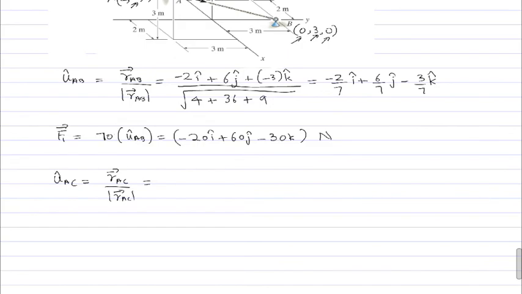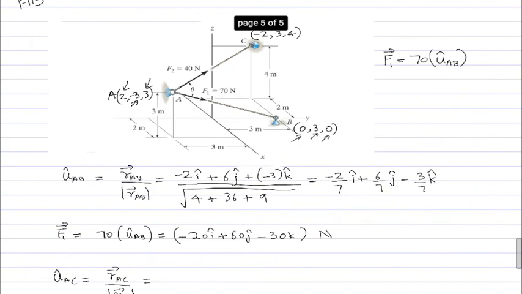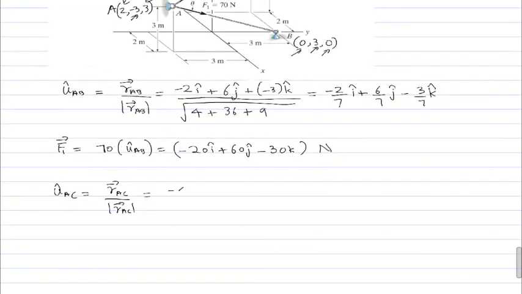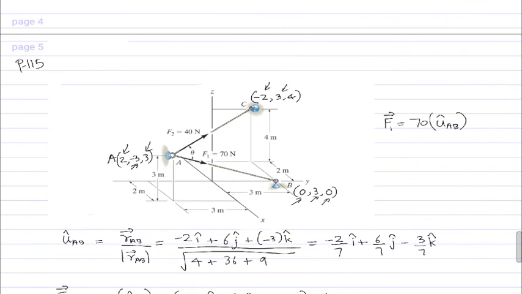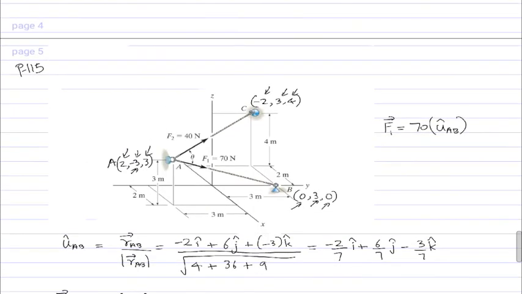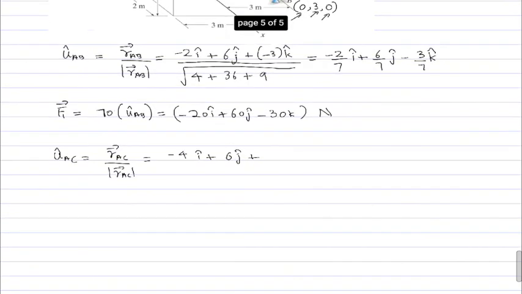The position vector AC is negative 2 minus 2, which is negative 4i, plus 3 minus minus 3, which is 6j, plus 4 minus 3, which is 1k, divided by the square root of 16 plus 36 plus 1.